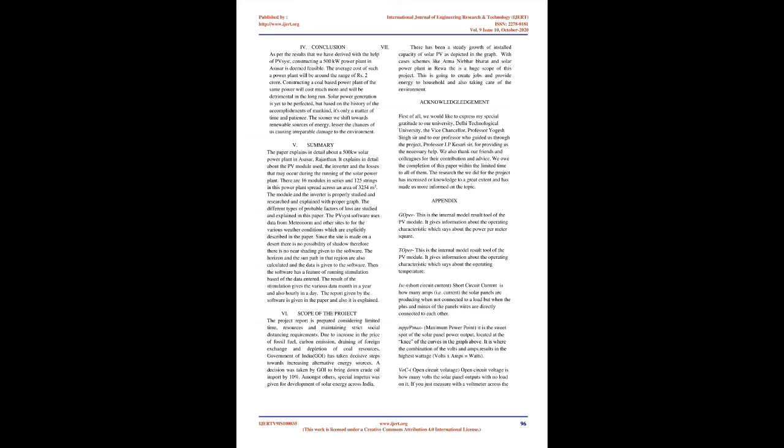The horizon and the sun path in that region are also calculated and the data is given to the software. Then the software has a feature of running simulation based on the data entered. The result of the simulation gives the various data month in a year and also hourly in a day. The report given by the software is given in the paper and also it is explained.